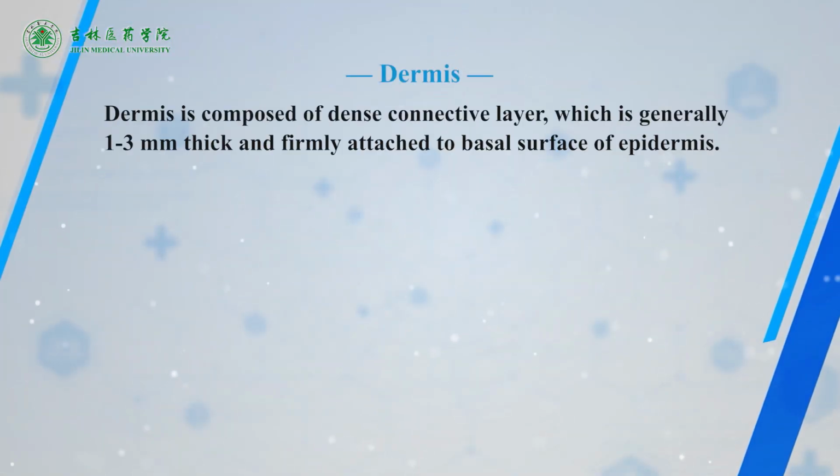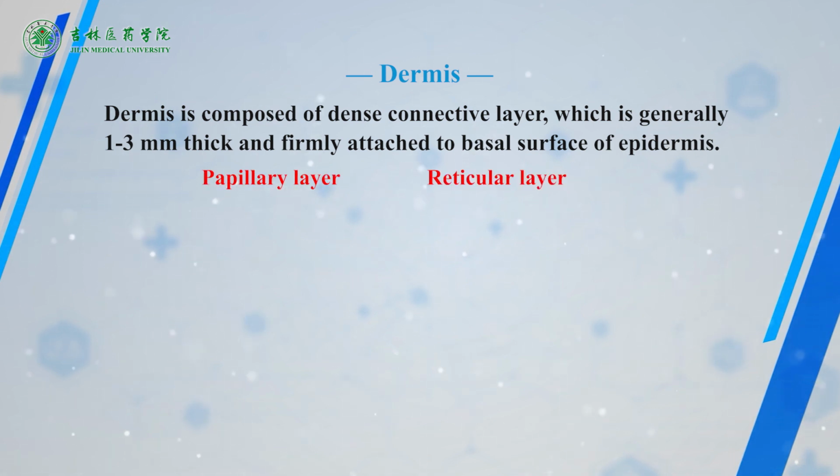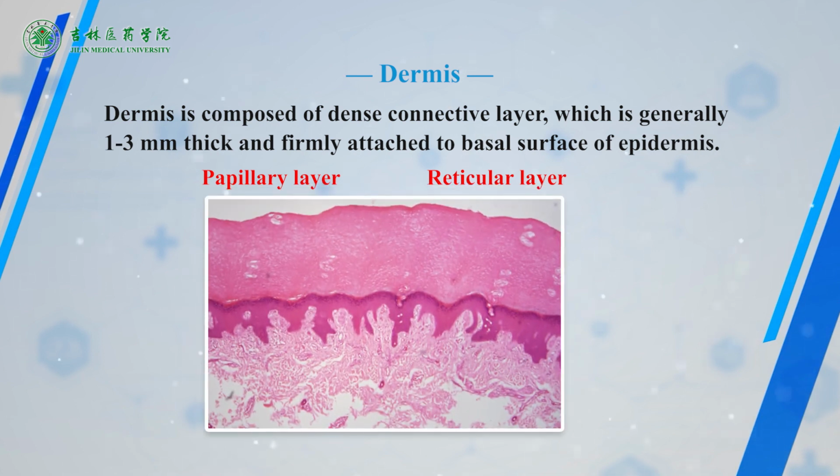Dermis is beneath the epidermis, composed of dense connective layer, which is generally 1 to 3 mm thick and firmly attached to basal surface of epidermis. Dermis is subdivided into 2 layers, papillary layer and reticular layer.